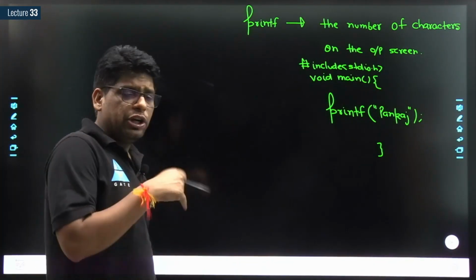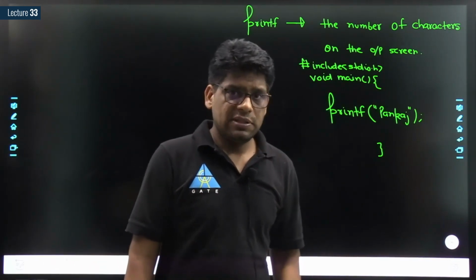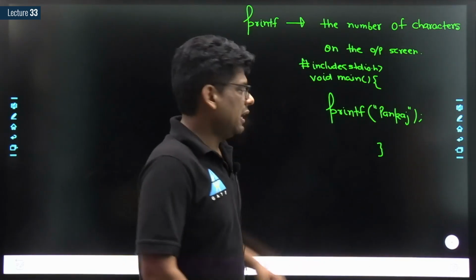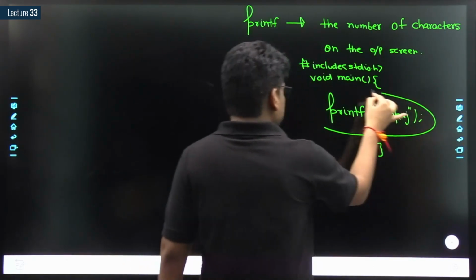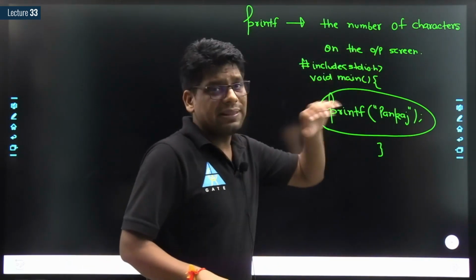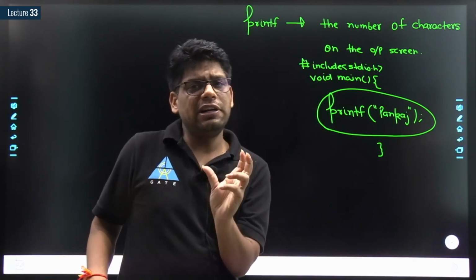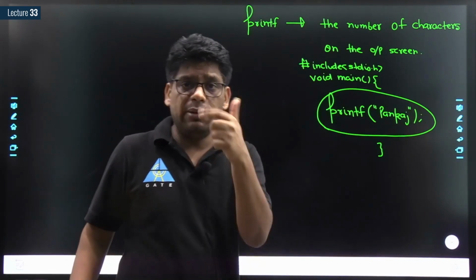But if I wanted to use the value associated with printf, and that value is a number, that means an integer, can I collect that value inside an integer variable? Yes, sir.